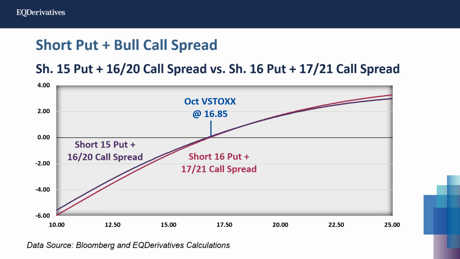It's hard to see, but I promise you, a small move lower in VSTOXX futures would actually break even. If it didn't move at all, you would actually make a small amount of money, and probably after commissions and everything, be able to get out of this trade at no cost. By size, it looks like there are some consistent traders that do this trade.